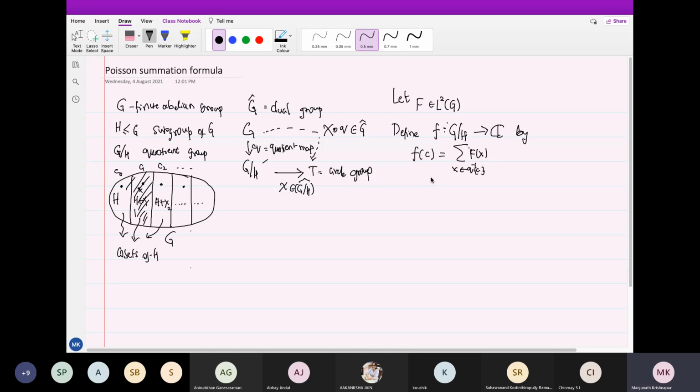All those x whose q will give me this coset C1. This is basically all the elements here. So this is how I define it. Of course, this is well defined. This is a function on G mod H, and then f is in L2 of G mod H.